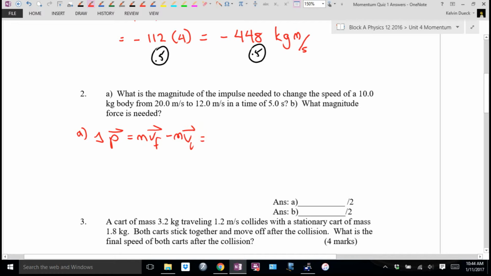So it's going to be 10 times 12 minus 10 times 20. You're going to get a negative, and if you left a negative in your answer, I'm fine. I guess since I said magnitude, if you ditched the negative, I have to be fine with that as well. Do you get negative 80 or 80? So I'll take 80 kilogram meters per second, or negative 80.